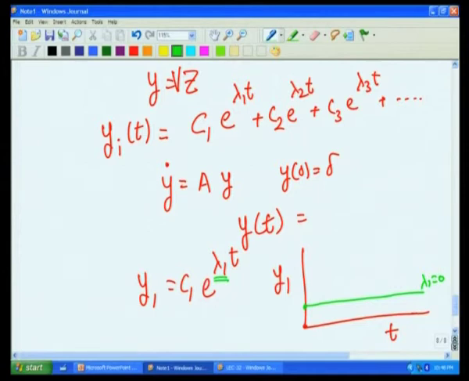Suppose lambda 1 is a positive term, then what will happen to this solution? As time increases, y 1 will keep on increasing in the exponential form. So, this is for lambda 1 greater than 0. But what will happen if lambda 1 is less than 0? For lambda 1 less than 0, as time increases, y 1 will go to 0.